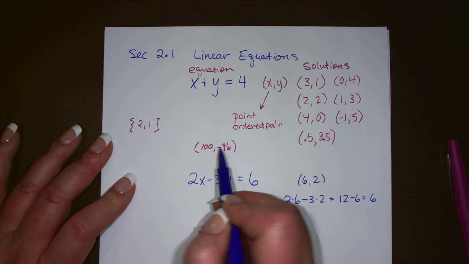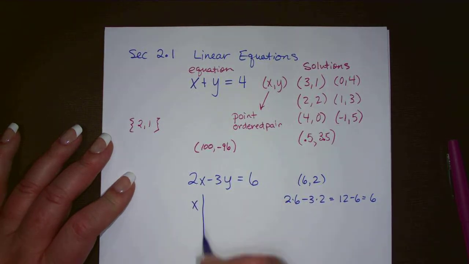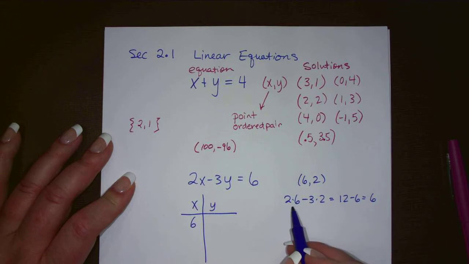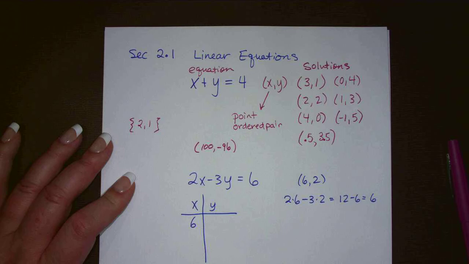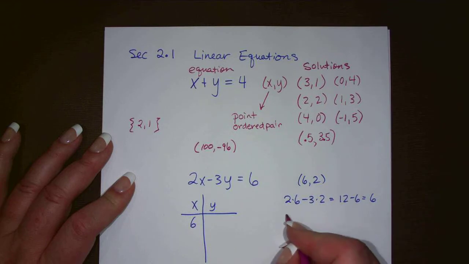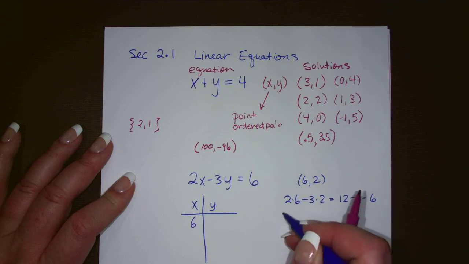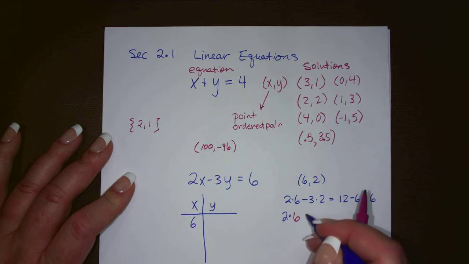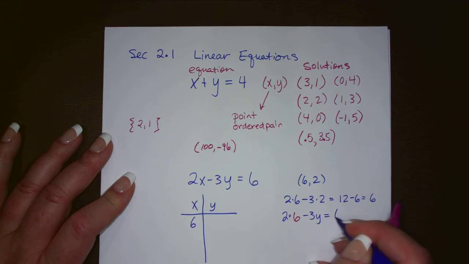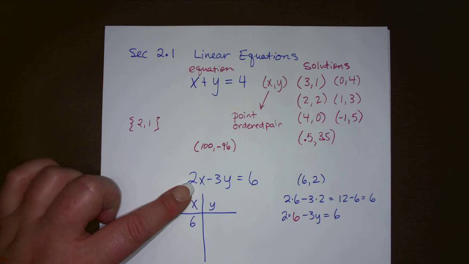So we could say, okay, if x is 6, then what did I do? You can plug in that x is 6, and you can solve for y. So what would that look like? If we took the equation and we put x is 6 in it, okay. Do you see I wrote the same equation, I just replaced the x with the 6.